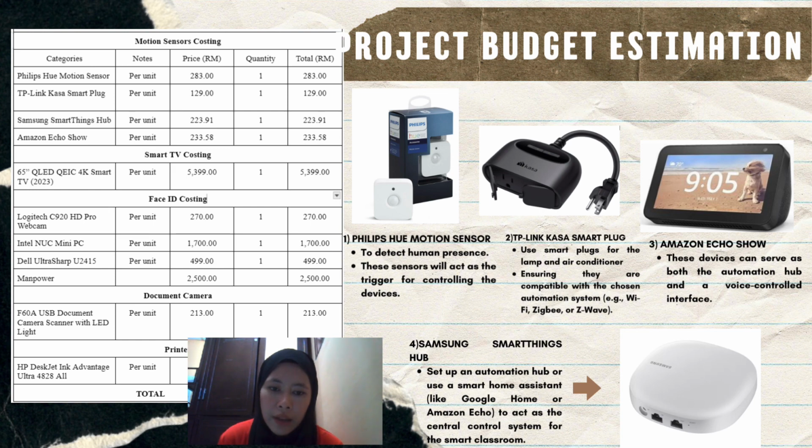Set up an automation hub or use a smart home assistant. Next is the Amazon Echo Show. The price is 233.58. These devices can serve as both the automation hub and a voice control interface.